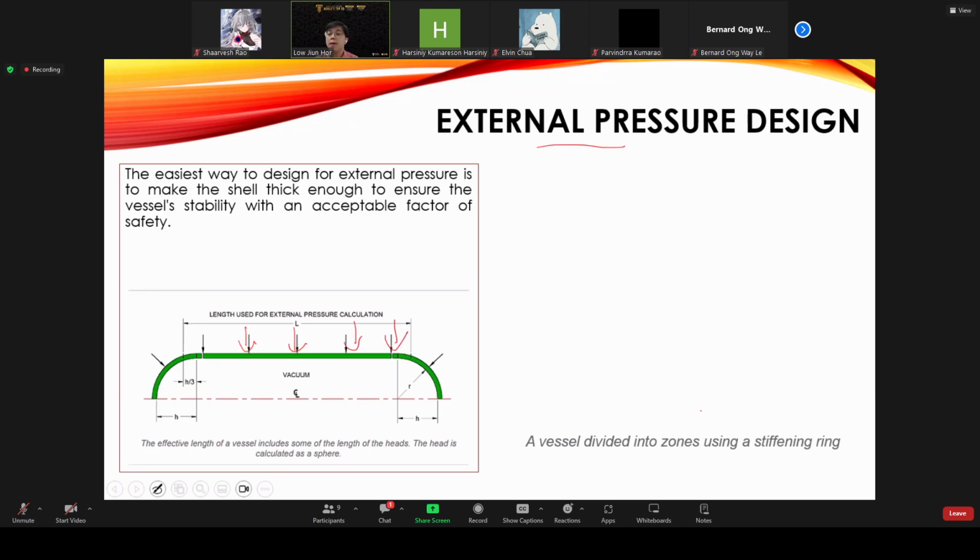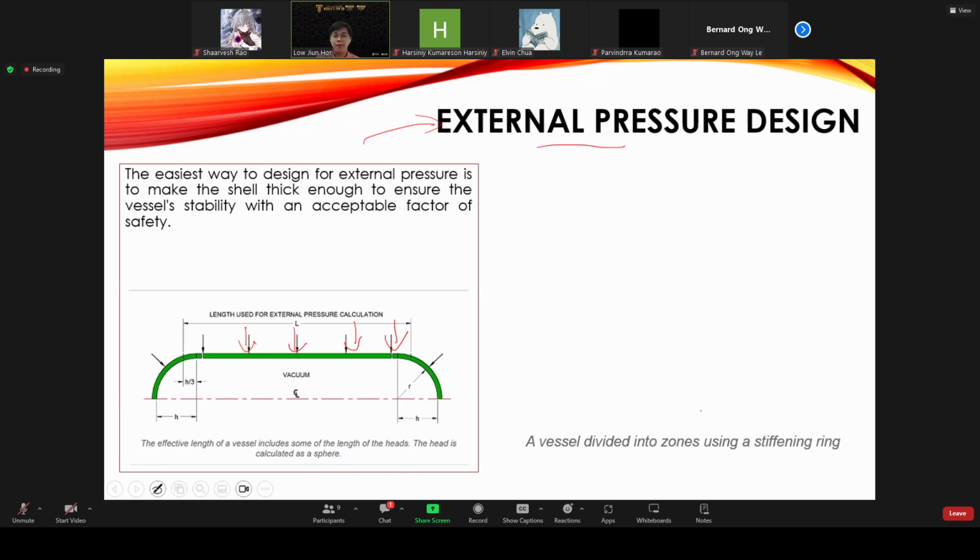This is the first method, and this is the most common method. So that means if you want to design the thickness of the shell for the pressure vessel to withstand the external pressure, then we need to apply the relevant equation in order to get the thickness. The equation I will show you later.